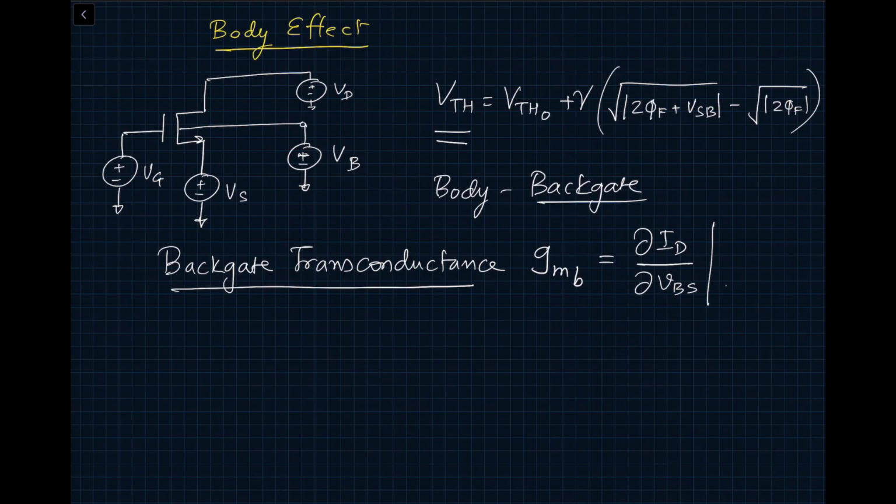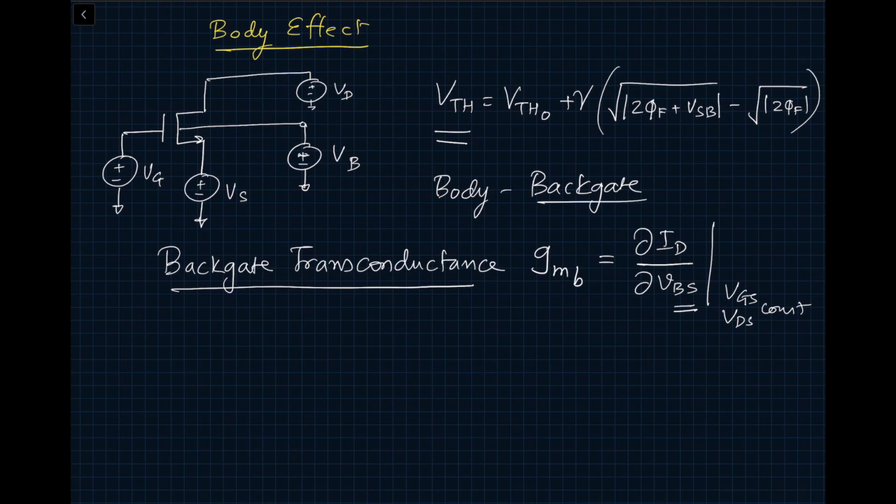And in this case, we would assume VGS and VDS are constant. So when we calculated our regular gm, we had VGS in this location. So for backgate transconductance, we are going to calculate del ID by del VBS. So how do we figure this out?